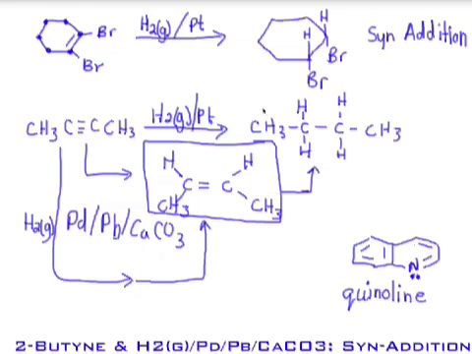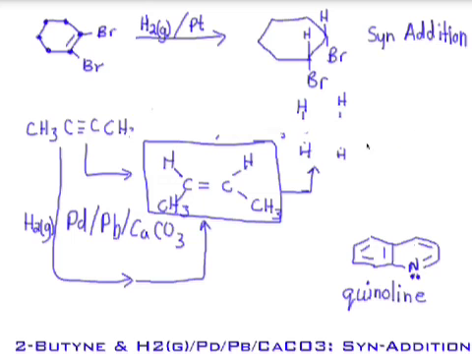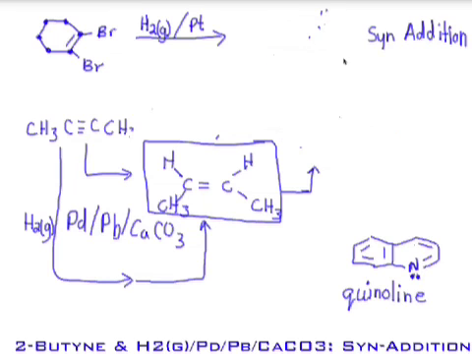Well, it would be nice if we could somehow not just make the cis-alkene, but make the trans-alkene. Is there any way of taking this alkyne and not getting Syn-Addition?